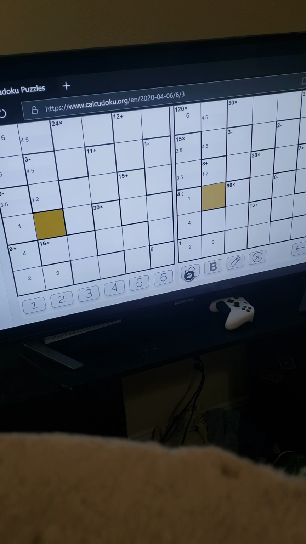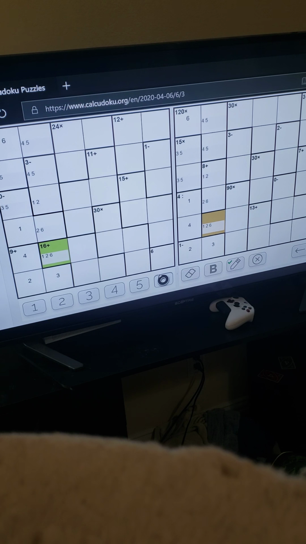Right here, there's too many possibilities. Means it can either be 2 or 6. This is 1, 2, or 6.